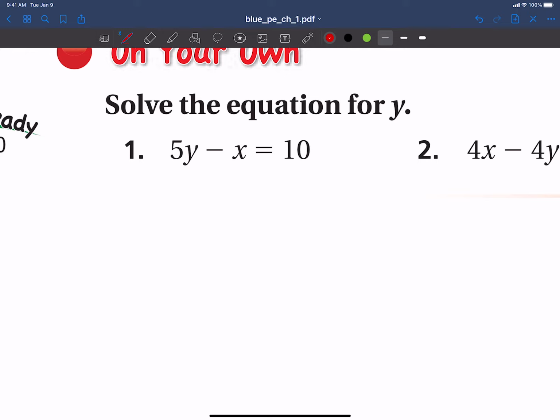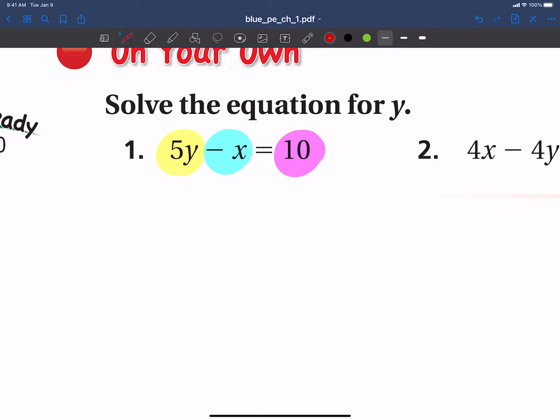Now there might be multiple terms with that one variable, but this one's got two variables. We're so used to things being like this, 5x minus x equals 10, right? But I've got a y and an x. Those are not like terms, okay? 5y is a term, negative x is a term, and then 10 is a term. Those are not like terms. I can't do anything with those.